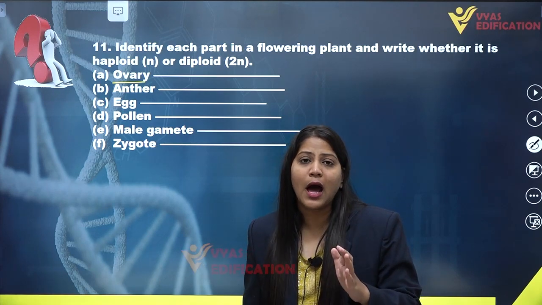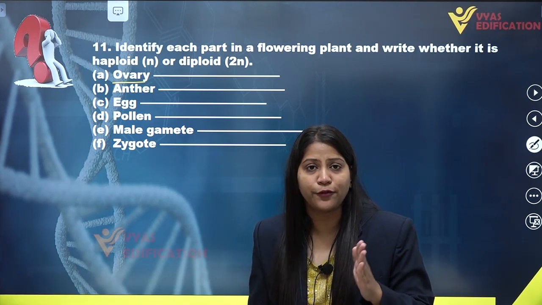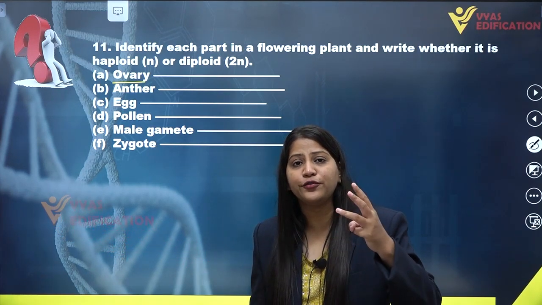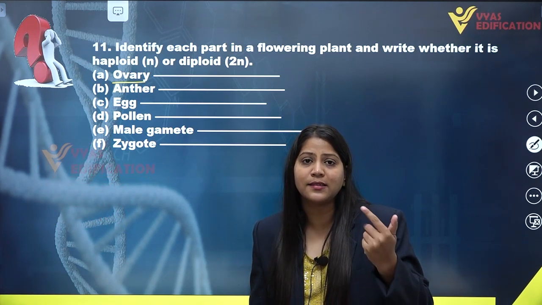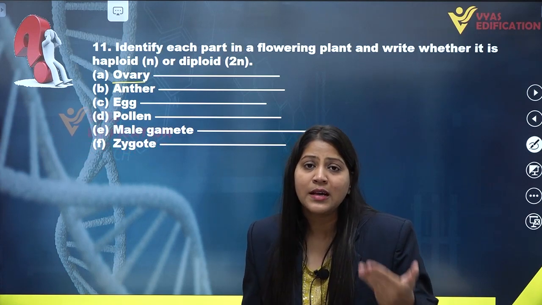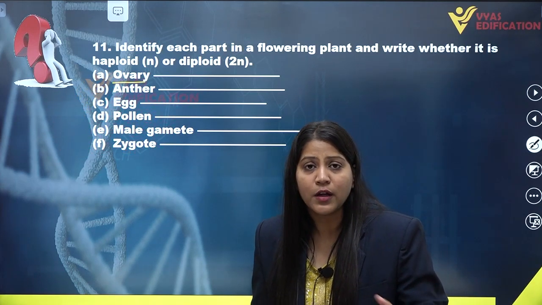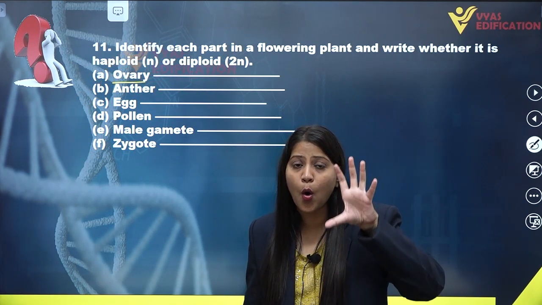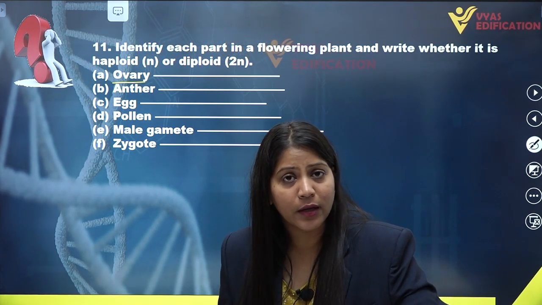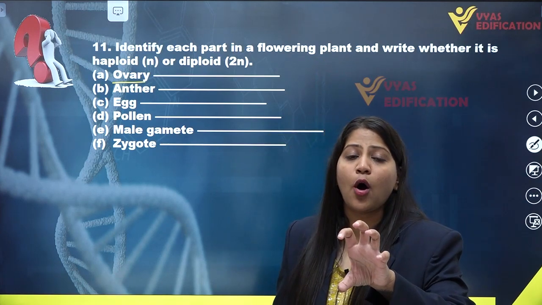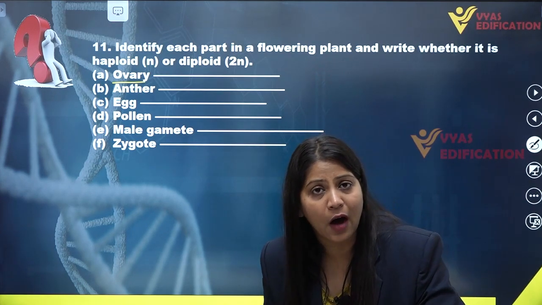The pistil or carpel, which is the female reproductive organ, is made up of three parts: stigma, style and ovary. So the stigma, style and ovary are all parts of the female reproductive organ, which is borne on the flower.